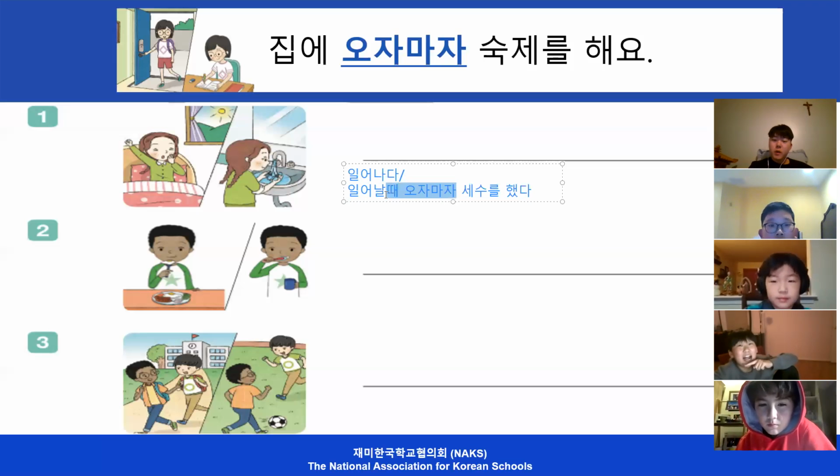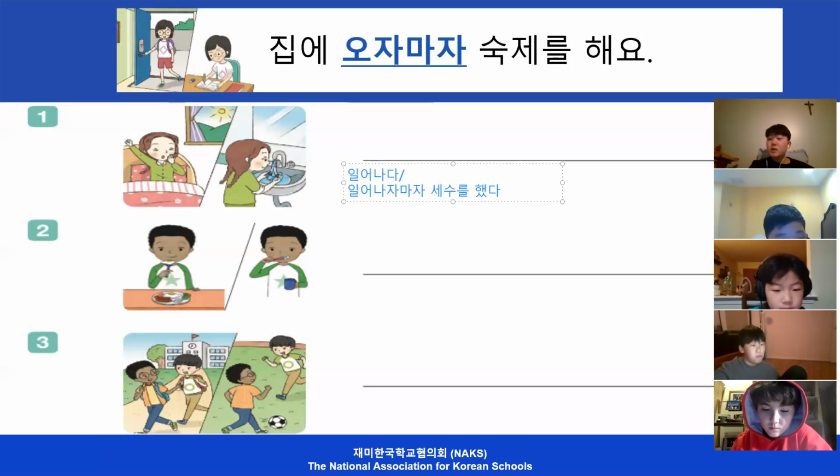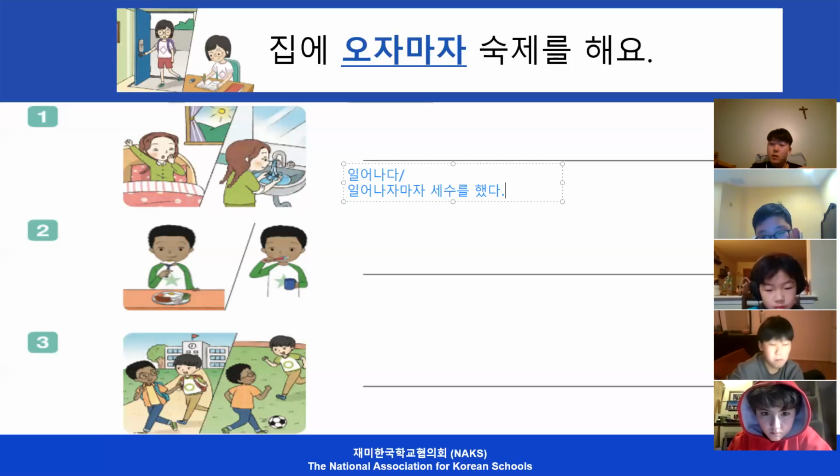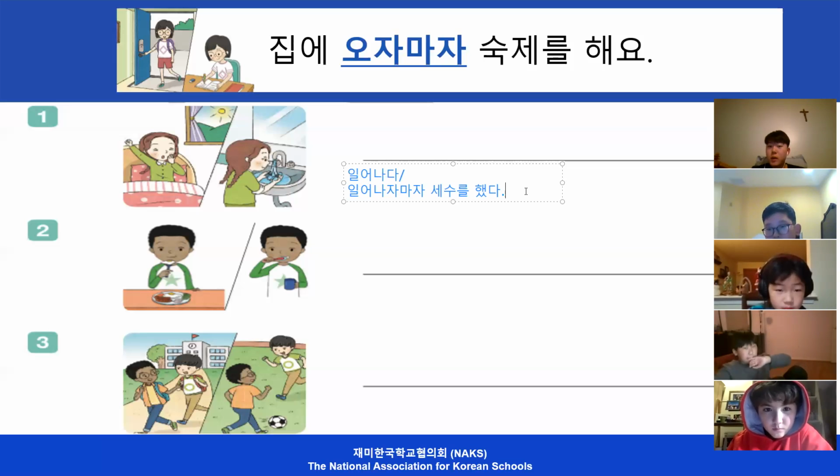So this part is where it gets very confusing because it's grammatically, I don't see the significance of it. So the better form here is to say 일어나자마자 to make it simpler and to make it make sense. Because 오자마자 needs something before it, and you just had a verb and then another verb put together.